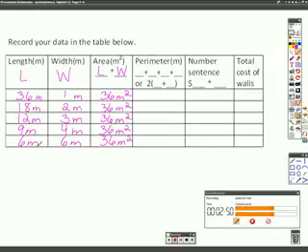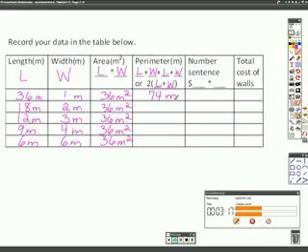Now to solve the perimeter of all these rectangles, we want to use the algebraic expression of length plus width plus length plus width, or we could simplify that by doing 2 times the length plus width. So let's look at the column length and width. We have 36 plus 1 is 37, and let's double that, and we will get an answer of 74 meters.